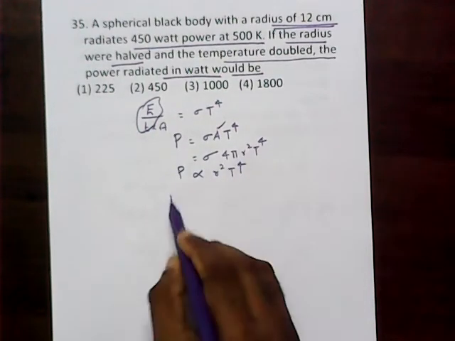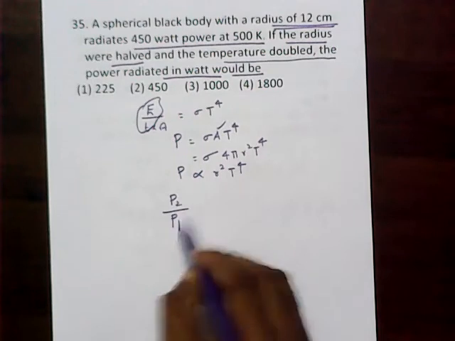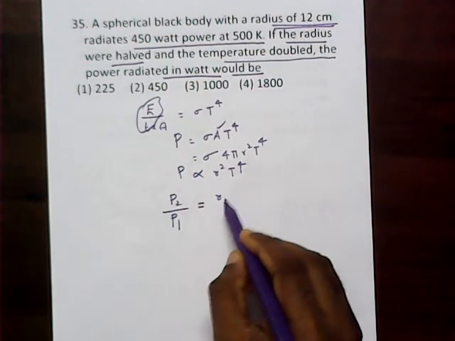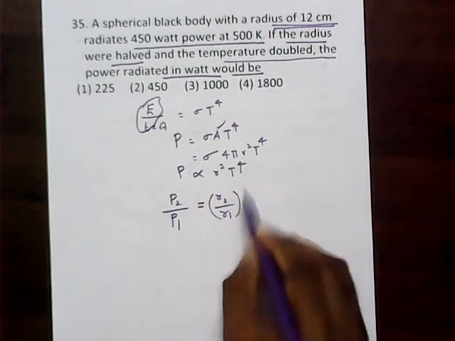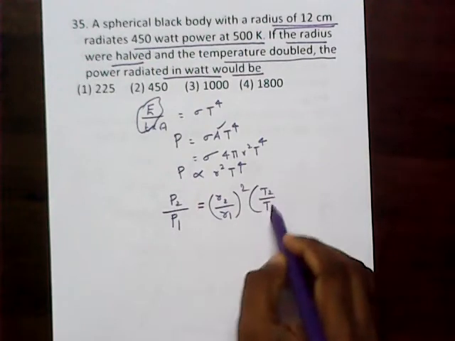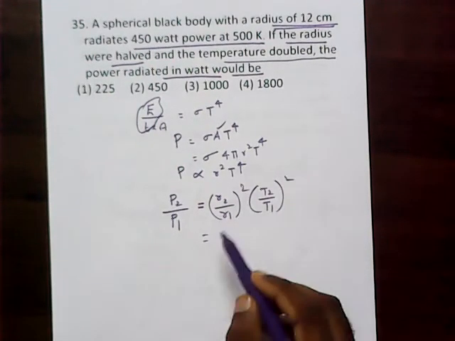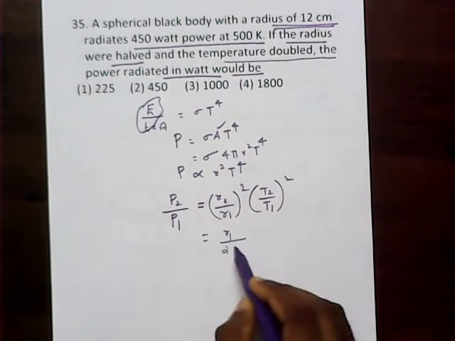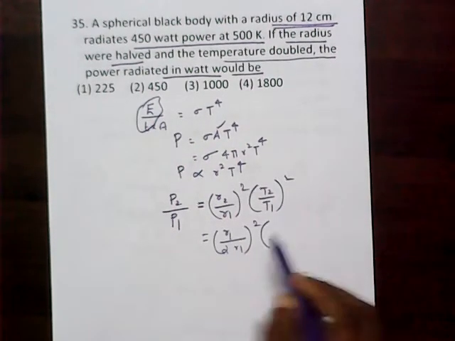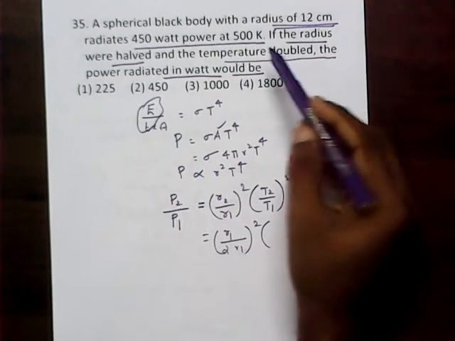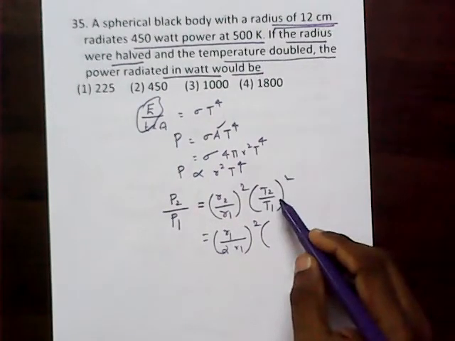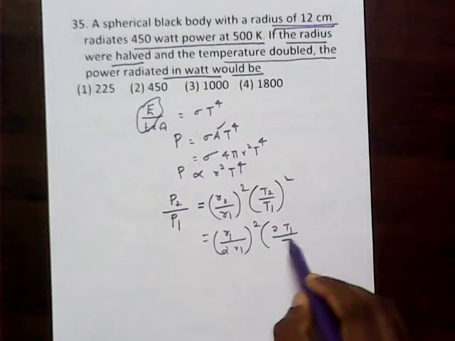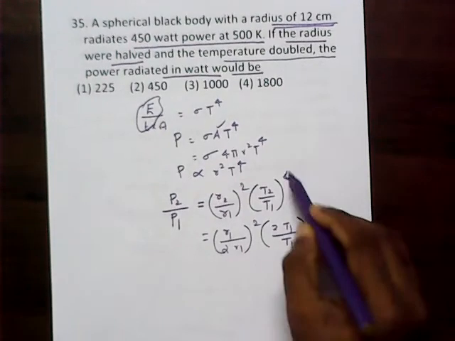For the two cases, we can write P2 by P1 equal to R2 by R1 the whole square into T2 by T1 the whole square. Here the second radius is halved, so R1 by 2 squared, into the second temperature, which becomes doubled, so 2T1 by T1 the whole raised to 4.